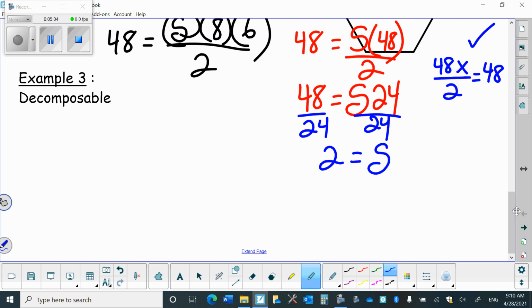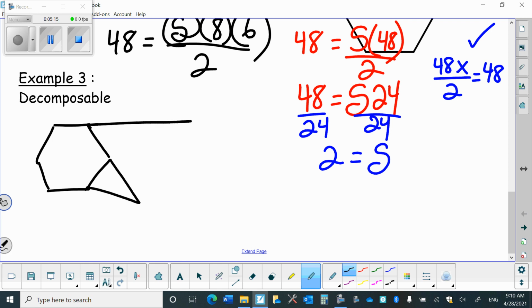Now, decomposable shapes. If I have a weird shape, so let's say I have a hexagon and it's kind of attached to a triangle here, and maybe on top here it has like a trapezoid. Now, I don't have a magic formula for all these shapes together, right? If I had a magic formula, that would be incredible, but I don't.